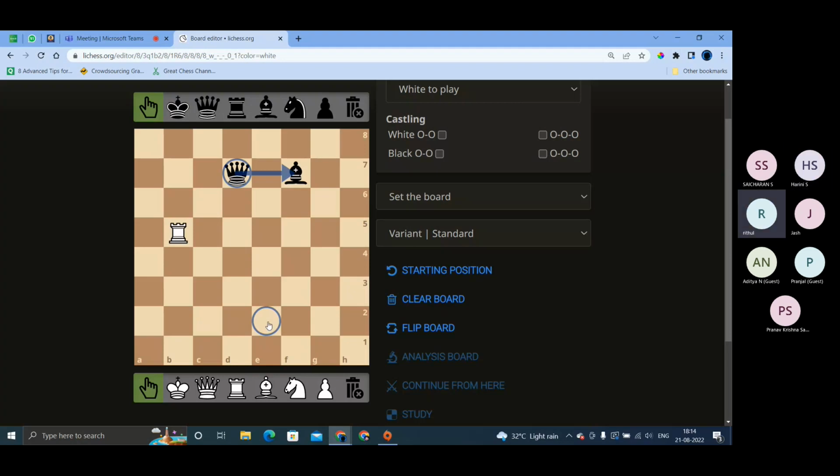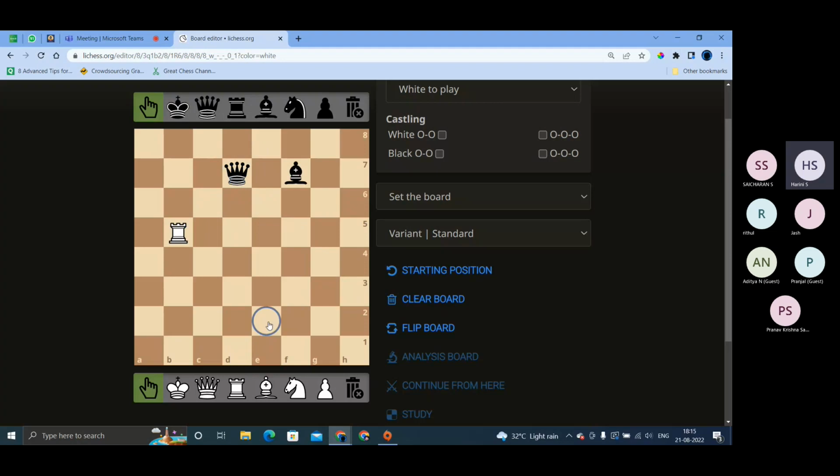Not because it is e2, but because it is not on its way. See, that square is not on the queen's way, right? This is the way. So this square is not on its way, so it cannot control that square. It can only control the squares which are on its way. Okay, be on mute.